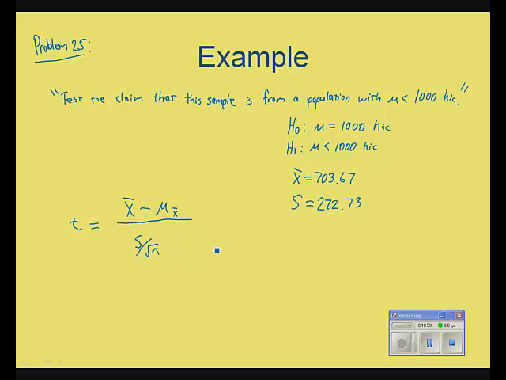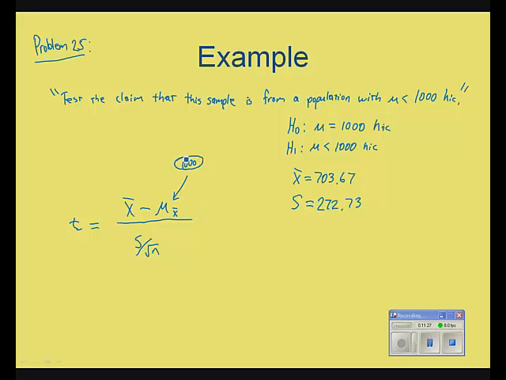Jesse has a question: what is mu of x bar? That's my question too, right? We've got to fill that in. Everything else I have. Do I know n? N is the size of the sample, and there are 6 values. So I need mu of x bar. What I'm going to do is put my 1,000 there.